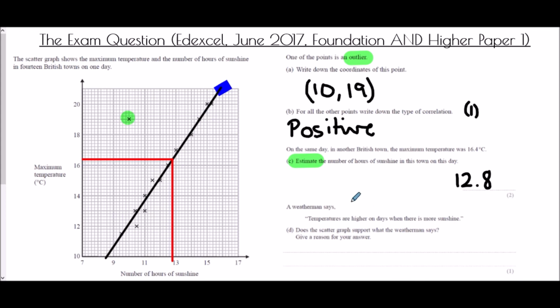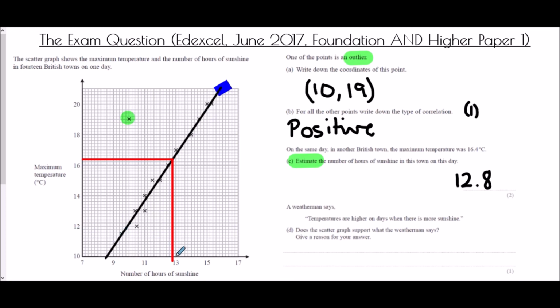Finally, a weatherman says the temperatures are higher on days when there is more sunshine. Does the scatter graph support what the weatherman says? Give a reason for your answer. Well, let's have a look at it. On the days where there is low sunshine, 9 to 10 hours, we are down at 11 to 12 degrees.